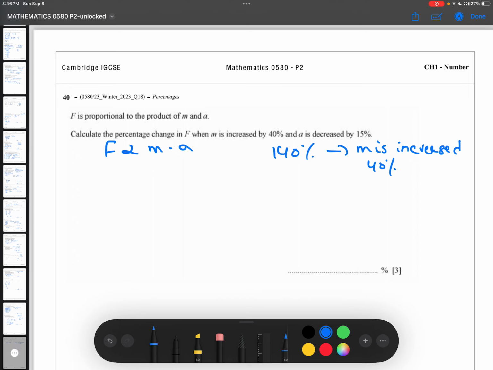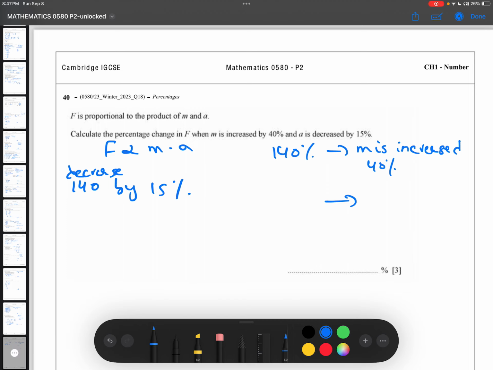So when M increases by 40%, the percentage of force becomes 140%. Now if A is decreased by 15%, it will decrease this force that has reached 140% by 15%. So now we need to decrease 140 by 15%.